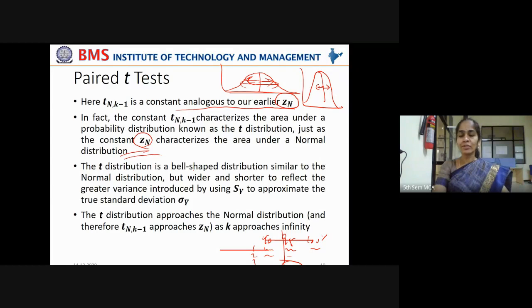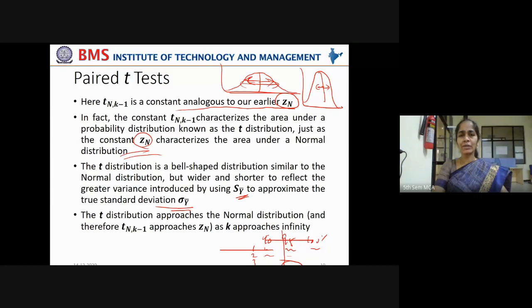So the T distribution is a bell-shaped distribution similar to the normal distribution, but wider and shorter to reflect the greater variance introduced by using s y bar, that is the standard deviation of the mean of the parameter being measured, that is the difference in the error between the two learning algorithms, what we are measuring, that is y. Okay, by using s y bar to approximate the standard deviation sigma y bar.